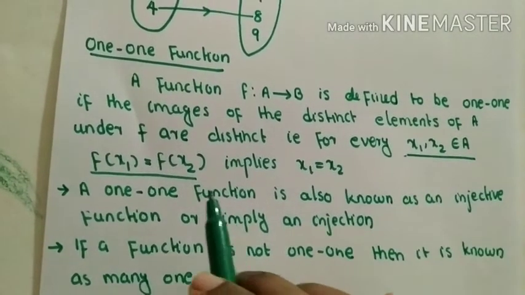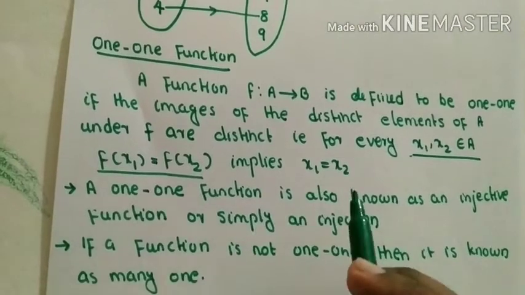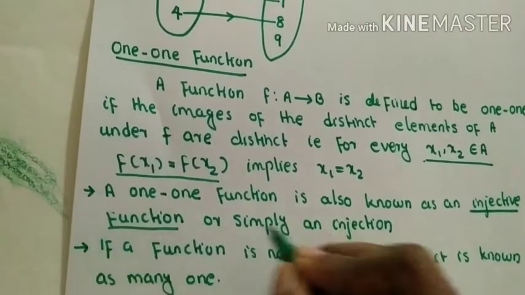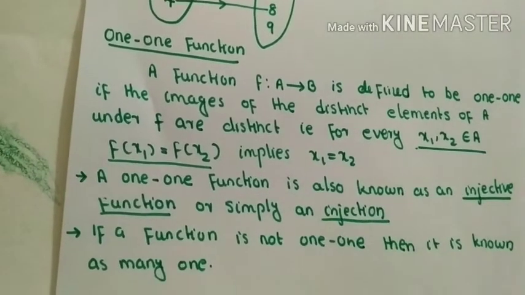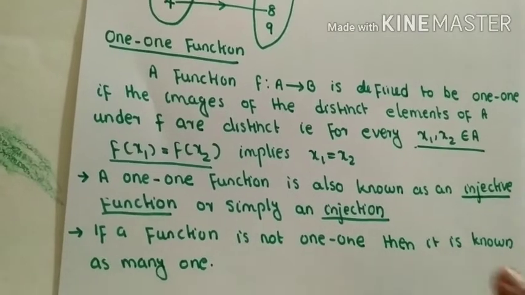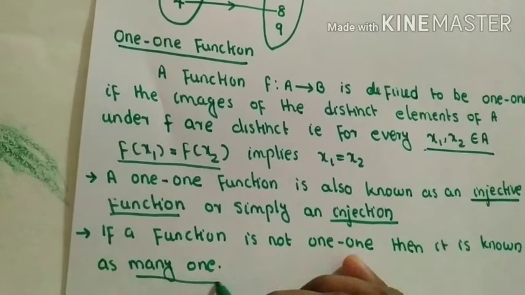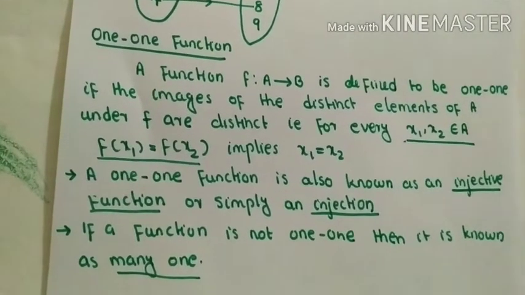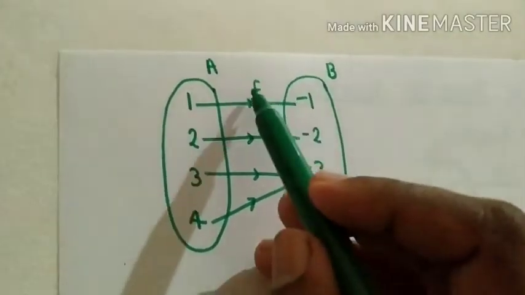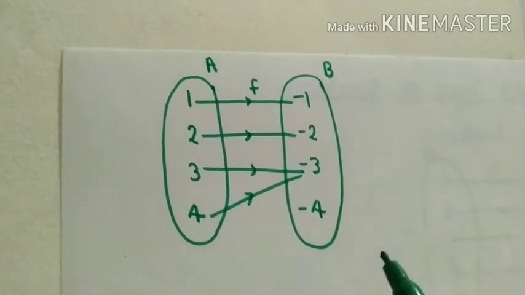And a 1-1 function is also known as an injective function or simply injection. Further, if a function is not 1-1, then it is known as many-one. For example, the function f shown here is not 1-1.